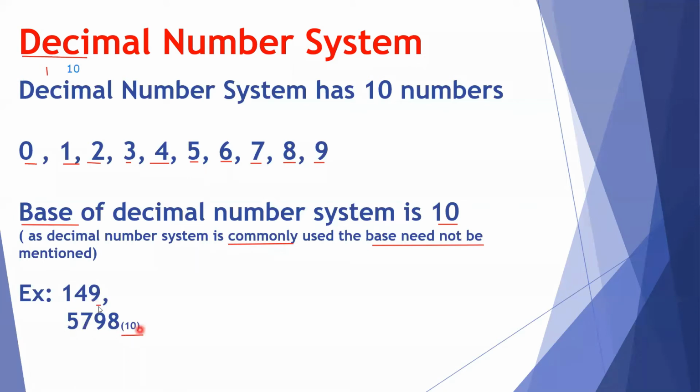So this is also a decimal number. Here the base is mentioned; you may or may not mention the base. Now one more example: 19BA base 10.